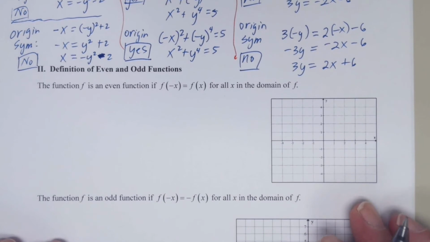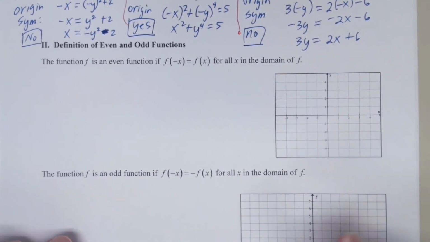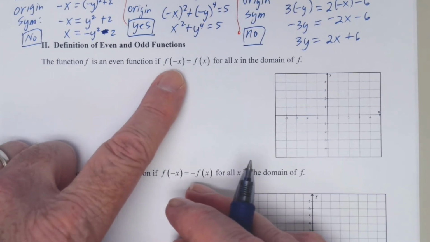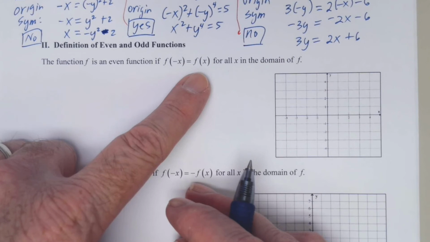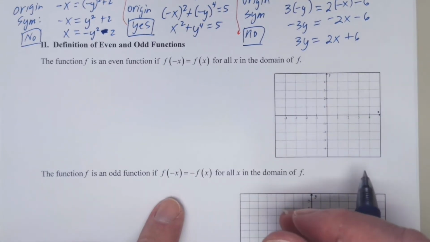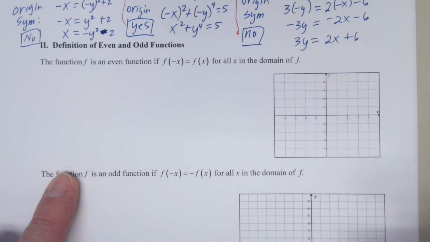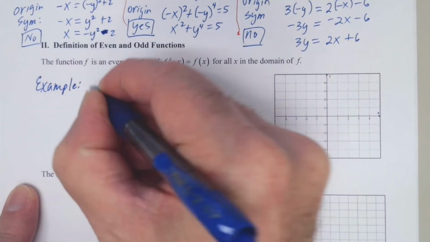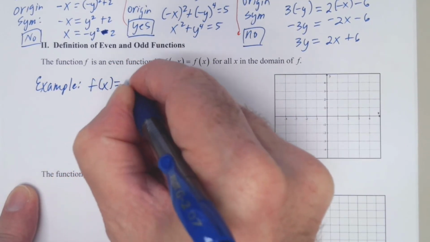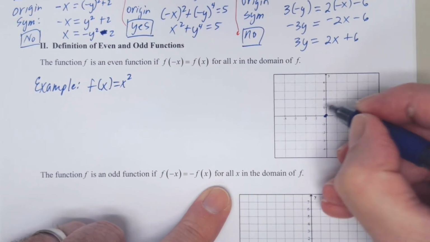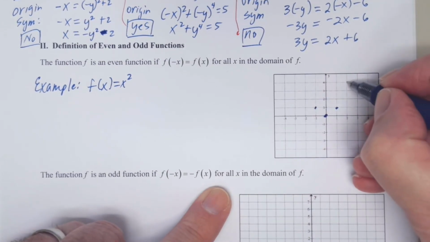All right, so let's look at this first one here. It says the function f is an even function if f of minus x is equal to f of x for all x in the domain of f. All right, so let me give you an example. If you have f of x equals x squared, let me just plot those points for that graph real quick.